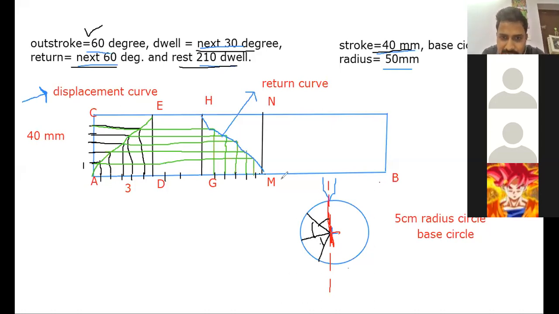So on this initial arc, let us name this as point R. Again, we would make a division of 10 degrees because this is 60 degrees, right? So you will make a division on every 10 degrees. So you'll get 6 divisions.